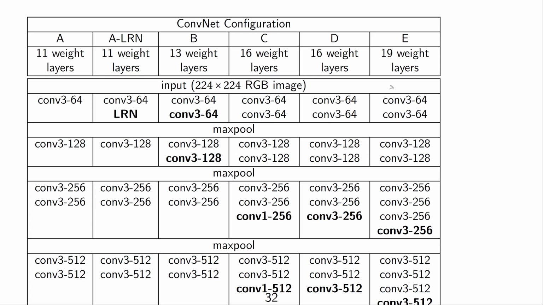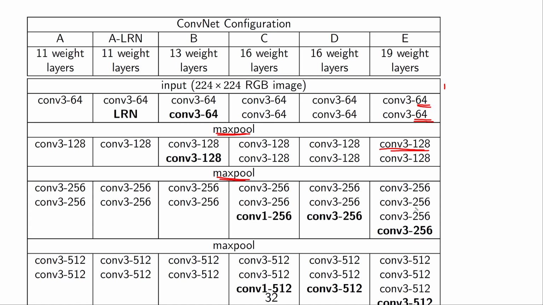Let's just look at the last one. So we have the input image that comes in here, and then the input image is processed by 2 convolutional layers, and the kernel size is always 3, so we don't need to mention it anymore, and we have 64 channels as output. Then there's a max pool that's the same across the board, and then we have 2 conv layers, this time with 128 channels.